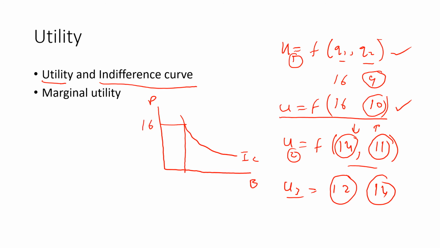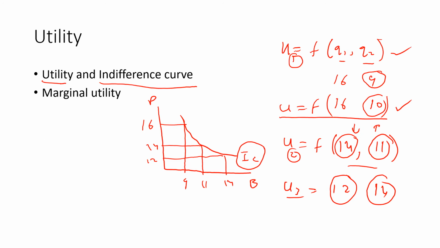We had 16 pizzas and 9 burritos, then 14 pizzas and 11 burritos, then 12 pizzas and 14 burritos, and all of them give us the same utility and all of them lie on a single curve. That curve is known as the indifference curve.